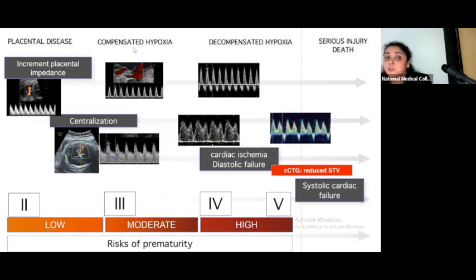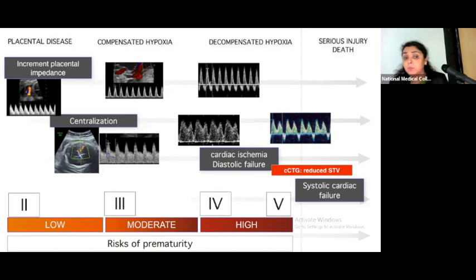Then there is a stage of compensated hypoxia, that is, the baby is becoming hypoxic because of decreased blood supply, but it is trying to compensate by redistribution into the brain, heart, and the adrenals. So at this time, we see increased flow in the brain. Normally, the cerebral flow is a high resistance flow, but there is more blood being pushed into the brain. So we get more diastolic flow in the middle cerebral artery.